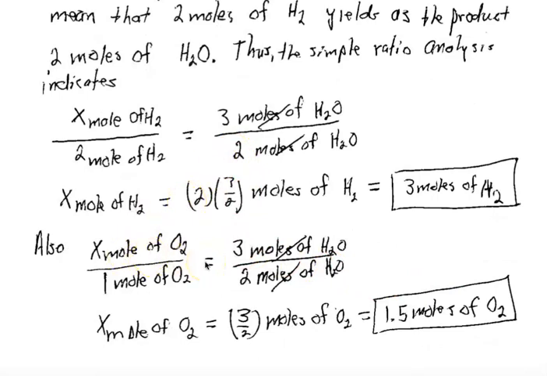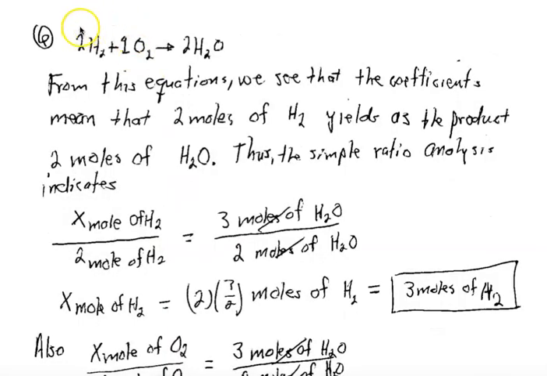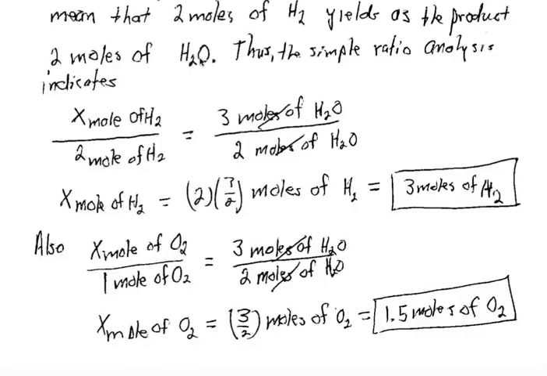In a similar manner, we ask how many moles of O2 are needed. Once again, you come back to this formula and you compare. We have 1 mole of oxygen yields 2 moles of H2O. So you have a 1 to 2 ratio. So I'm using X again as the unknown.